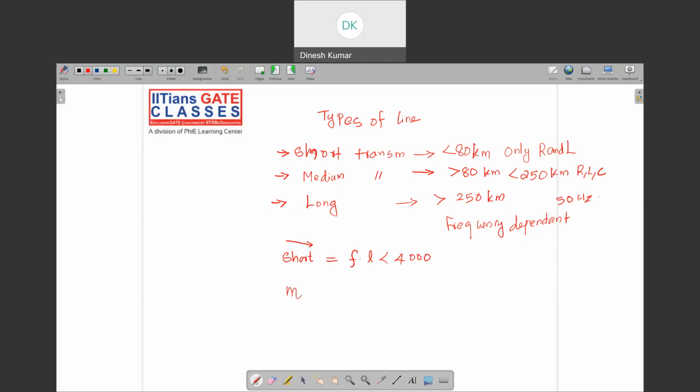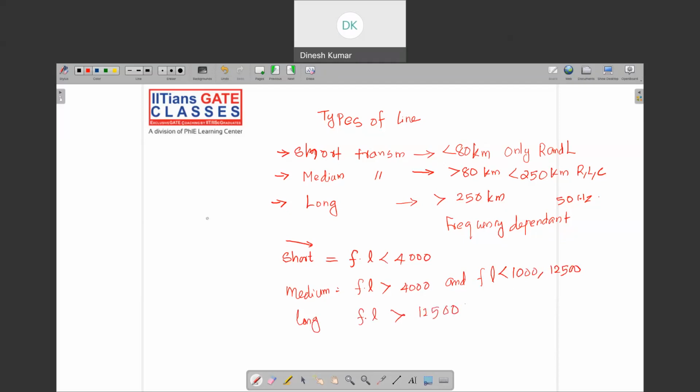For a medium transmission line, f into l should be greater than 4000 and less than 10,000, commonly, which is basically 200 kilometers, or 12,500 in the case of 250 kilometers. For a long transmission line, frequency into length should be greater than 12,500.